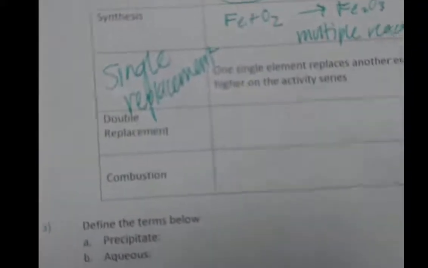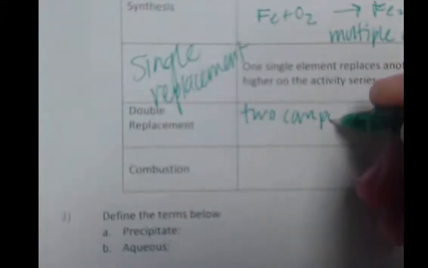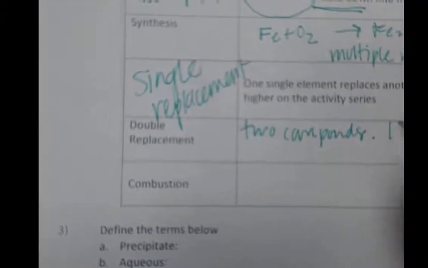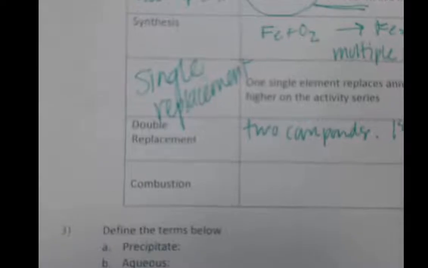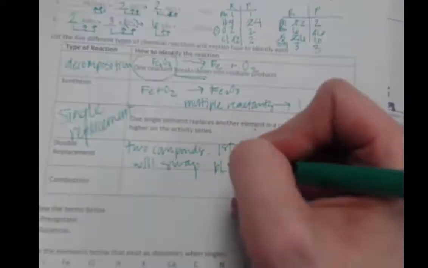These next two I have to describe what type of reactions occurring. In double replacement, it's similar to single except that it's two compounds, and in one of the compounds, the first element in each will swap places.